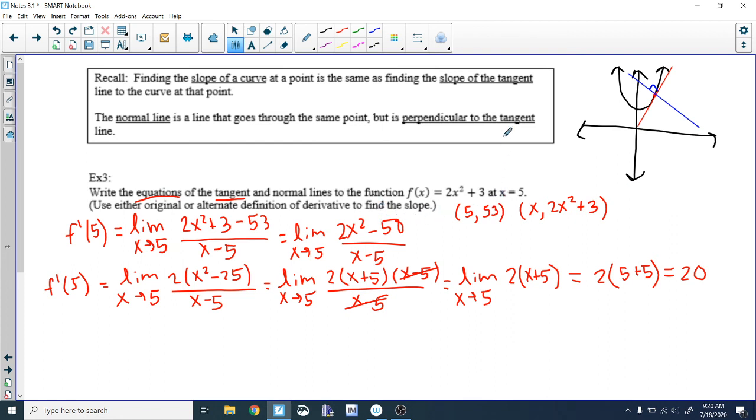Because we have, okay, look at this. We have a nice defined point that our line goes through, and we have the slope. It would make most sense for us to write the equation of our tangent line in point-slope form.